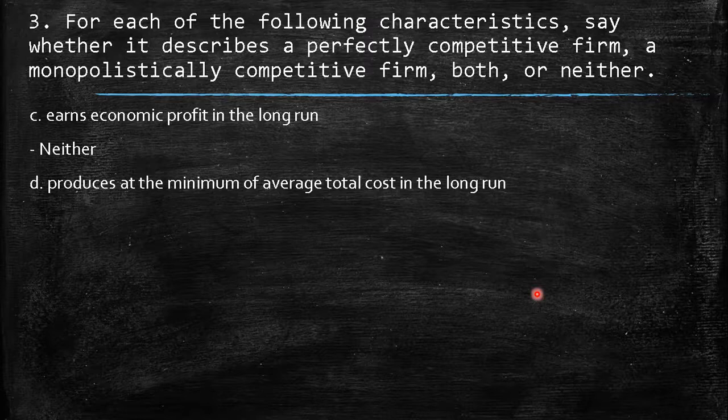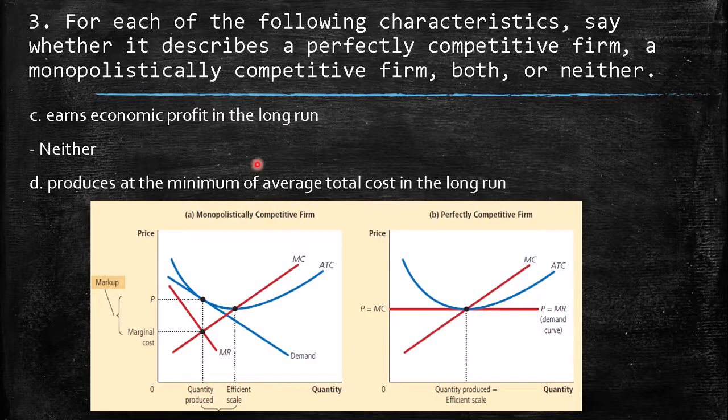Then, produces at the minimum of the average total cost in the long run. This is the picture that we already saw before in the previous slide, and this is the situation of the perfectly competitive firm. So here, this is the minimum one. This is the efficient scale. But the monopolistically competitive firm produces around here, where the average total cost is higher, and this is not the minimum.